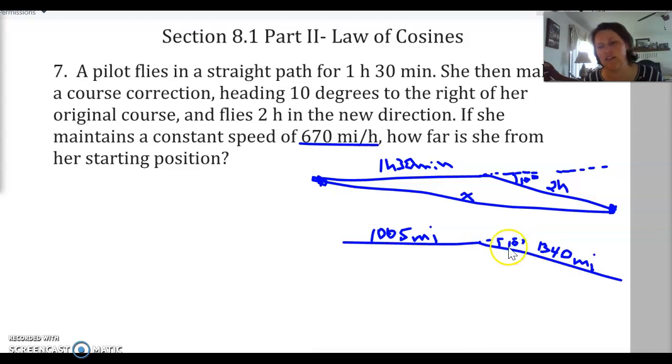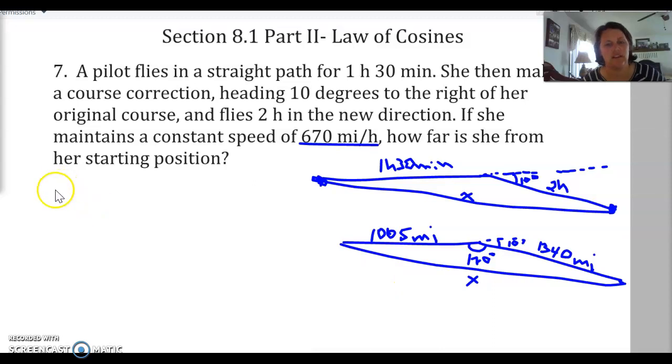Now this angle over here was 10 degrees. So if this angle is 10 degrees, that makes this interior angle 170 degrees. And now that gives us enough information to figure out this last distance of x. So now we are looking for x squared.